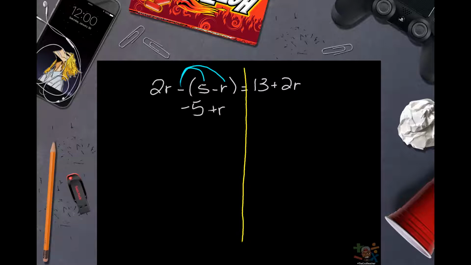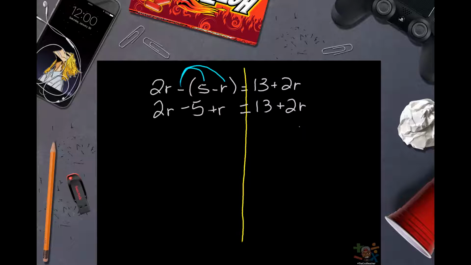A negative times a negative gives me a positive. After I do that, I'm just going to bring everything else down: my 2r, my equal sign, my 13, and my positive 2r.